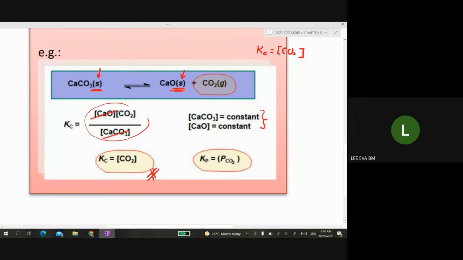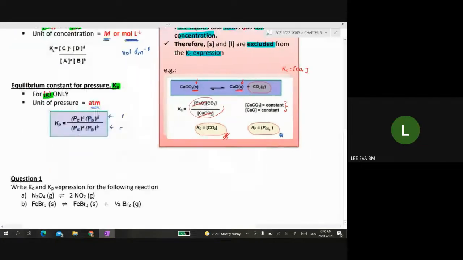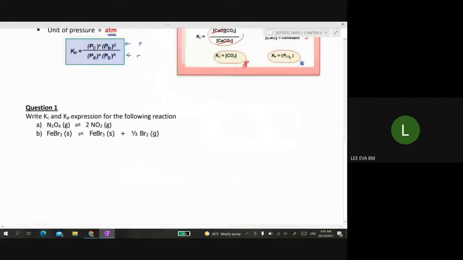So in your normal bracket, we have a capital letter P, and this pressure refers to the carbon dioxide. So this is your Kp expression. Is everyone good for this? Yes, madam. Okay, alright, you can understand. Let's try one more.